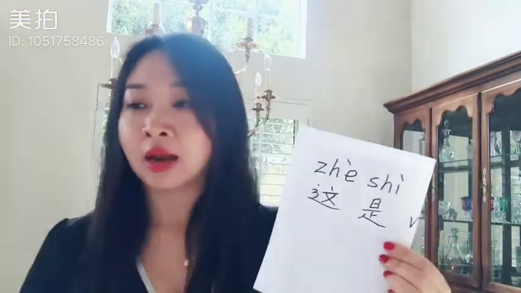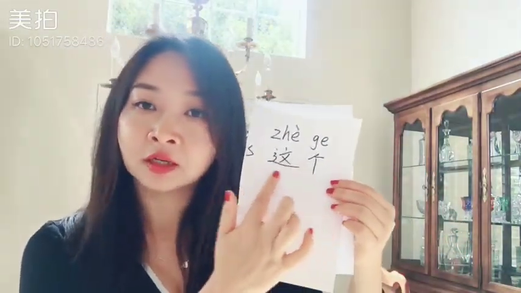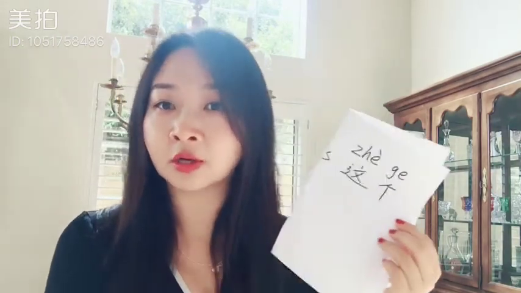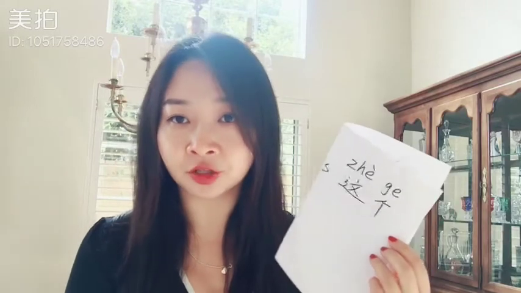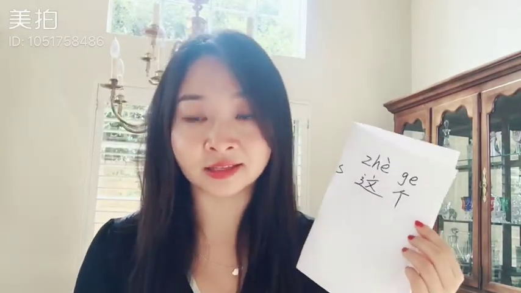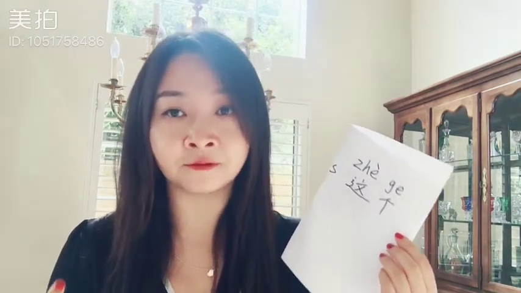And let's look at 这个. So 这个, 这 means this. 个, as you know, is the most common measure word. And here 这个 just means this. And you use it to talk about a specific thing or a person.